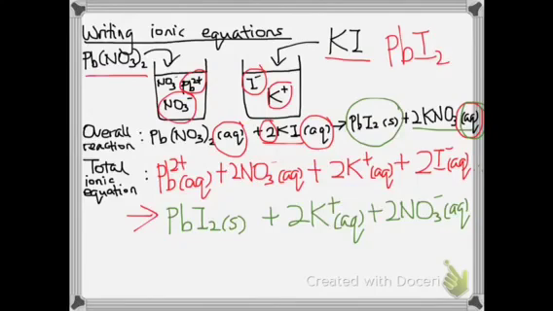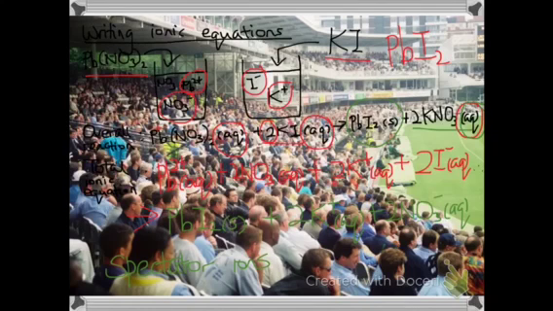Now, at this point in time, I want to introduce this term to you called spectator ions. Now, what are spectator ions? Now, try visualizing, or maybe I can help you visualize, a football match.